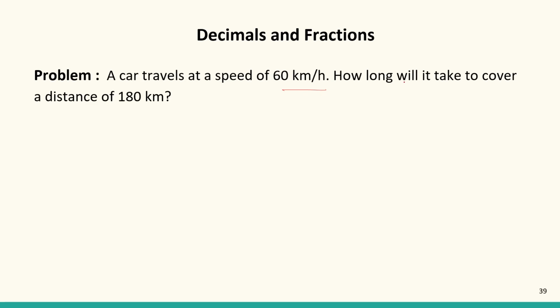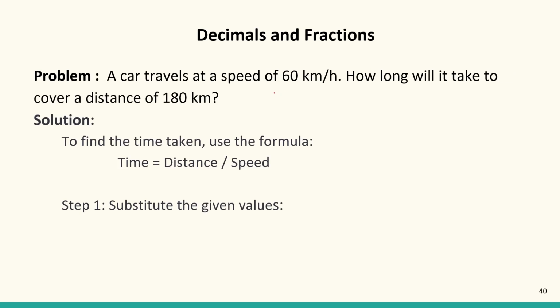How long will it take to cover a distance of 180 km? You need to find out how much time it will take to cover 180 km. First we find the time taken using the formula time is equal to distance by speed. We already know this from 8th class.